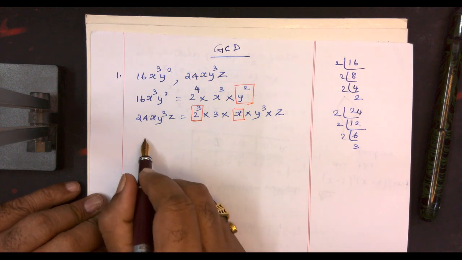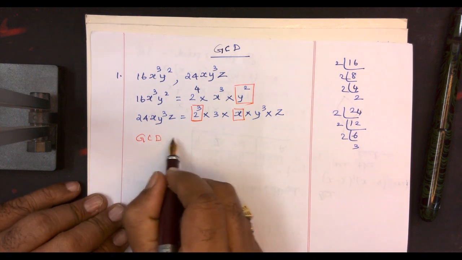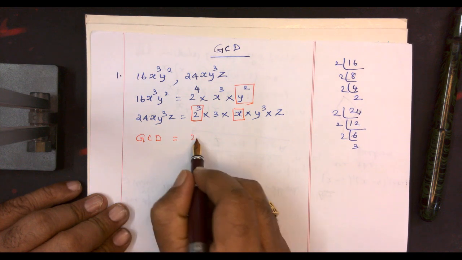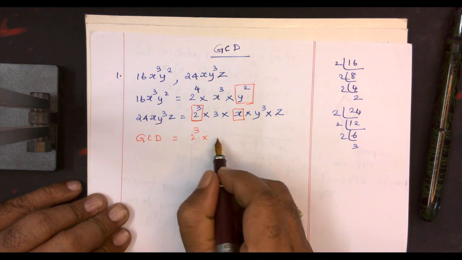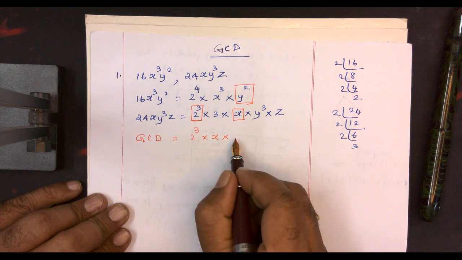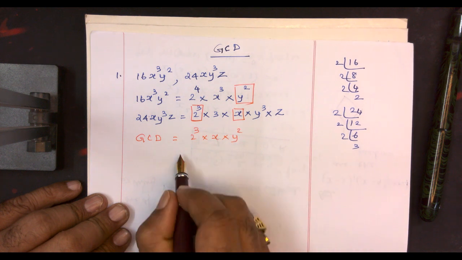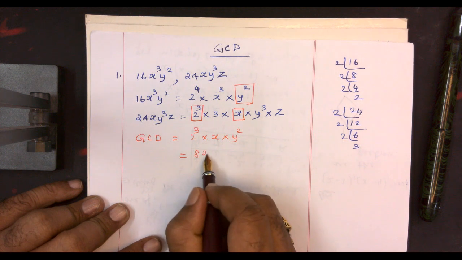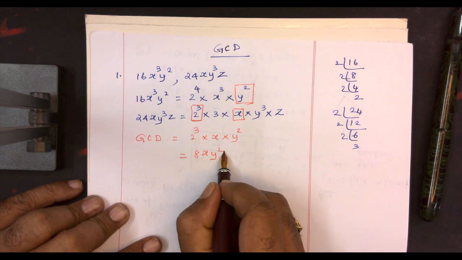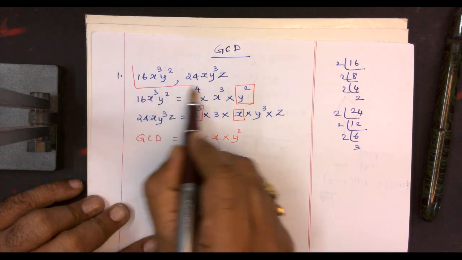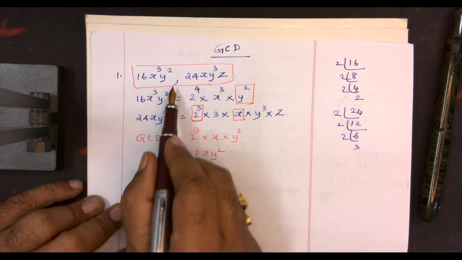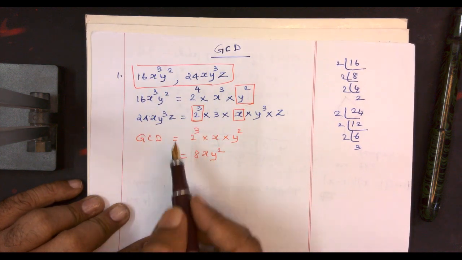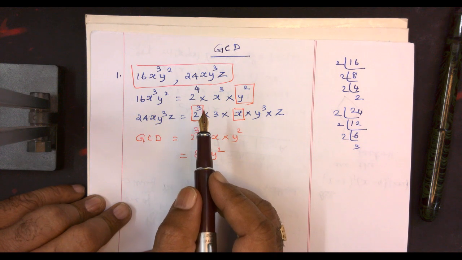So what is GCD here now? Is equal to 2 cube into x into y squared. So that can be written as 8x y squared. Suppose if this sum is given as a plus, we can take the GCD and bring it outside the bracket.